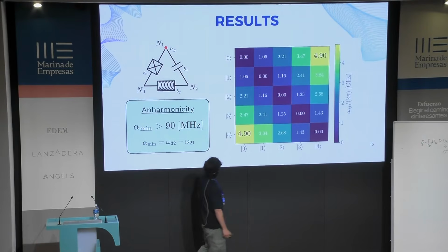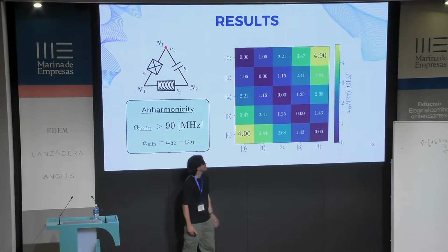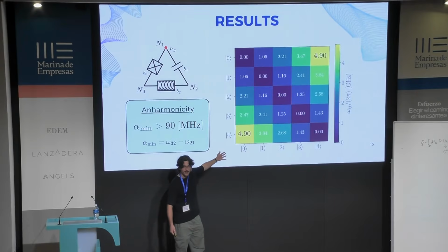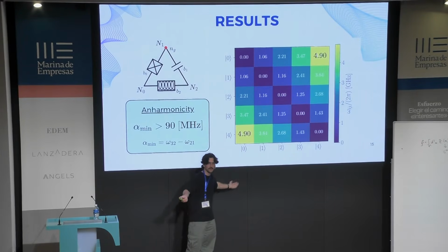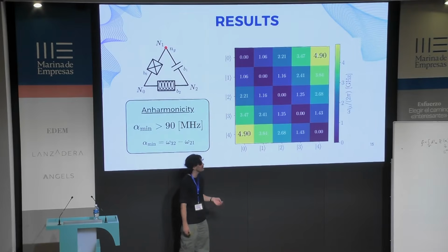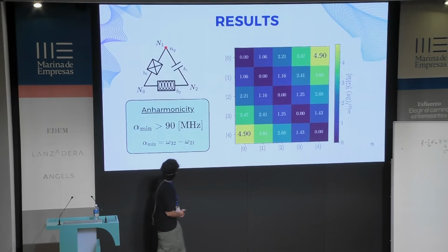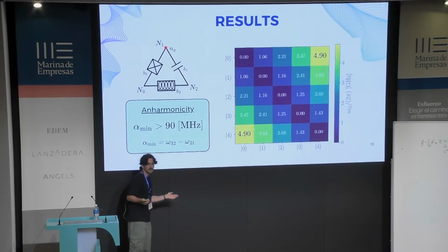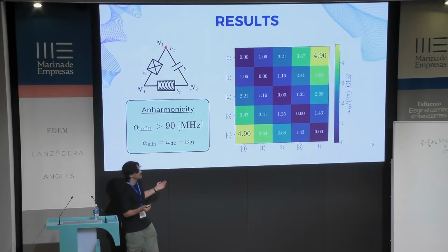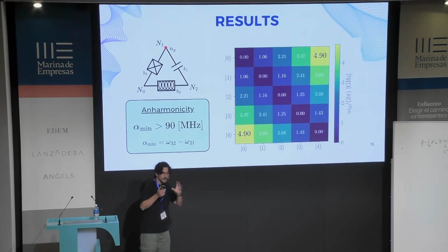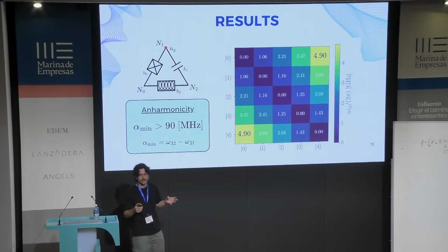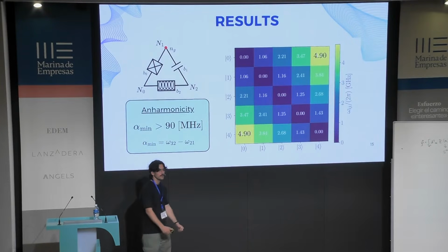These are the transition frequencies between the energy levels. And we can see that we are achieving a minimum anharmonicity of more than 90 megahertz that will, in theory, allow us to control our qubit selectively and excite the energy transitions that we are tackling, basically.